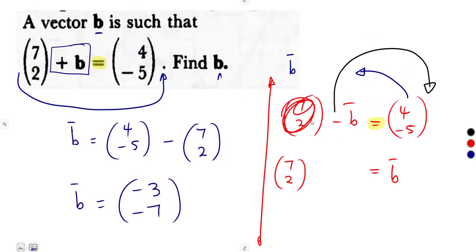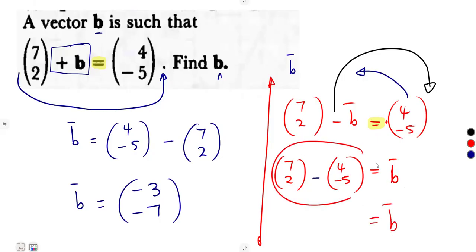7, 2 was already on the left-hand side, remember? So taking this vector is the one that is affected. It will carry a negative because it crossed the equal sign. It changes the sign. It was just a positive here. So that will be negative 4 minus 5. That's our vector B. So you simply have to determine that vector B by what?